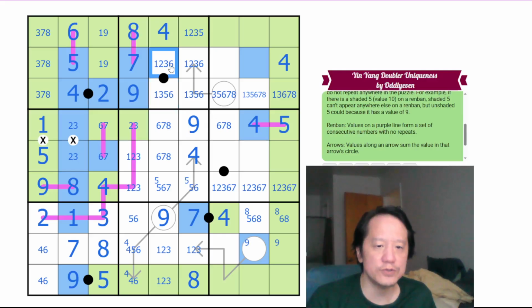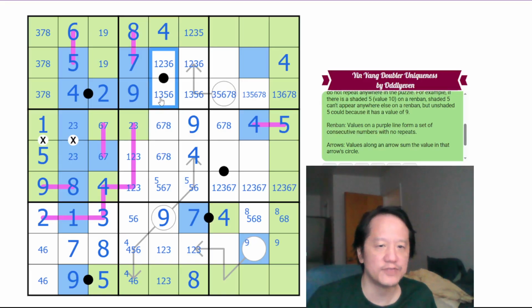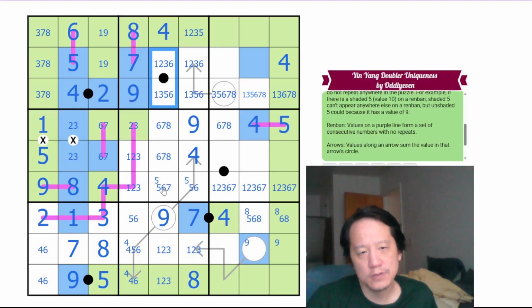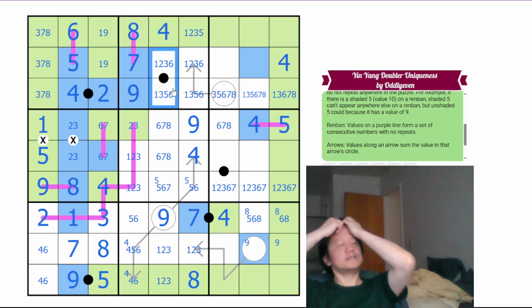You can't have two of any two. You can't have two digits here that are 1, 2, and 3. So we're guaranteed one of these is 5 or 6 here. And it must match that one. Can 6 ever work?